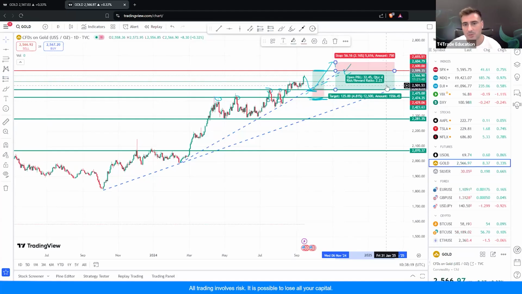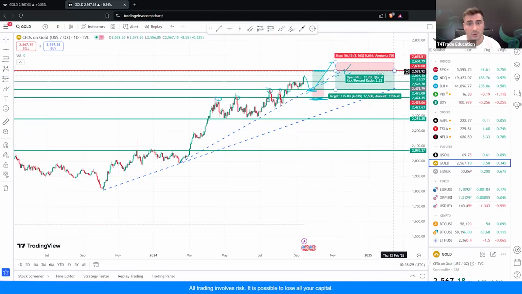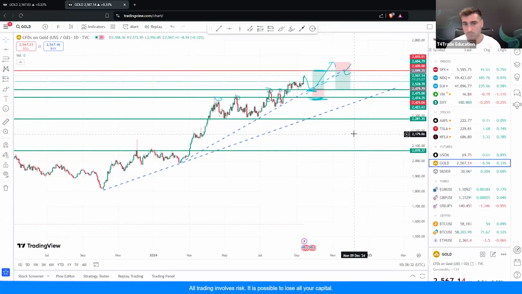So that's a risk reward ratio of 2.2. Okay, not bad, decent when it comes to gold, yeah. But yeah, those are 2 examples of how you can play this.